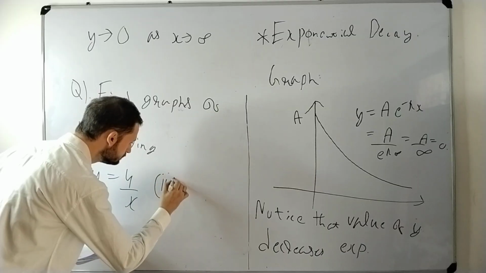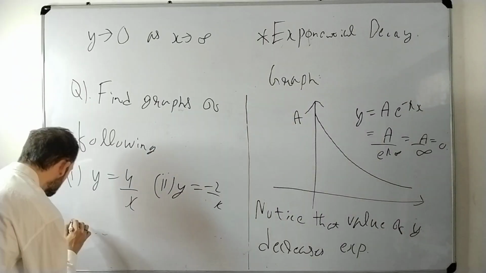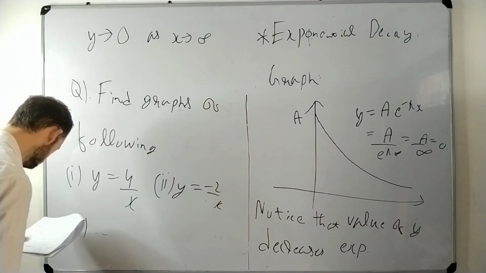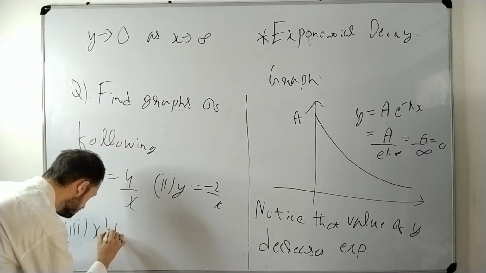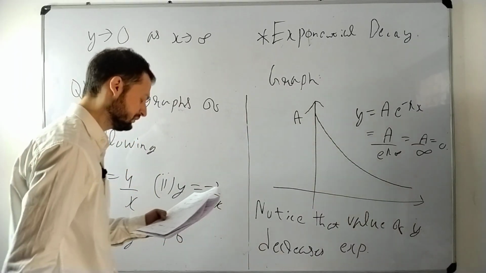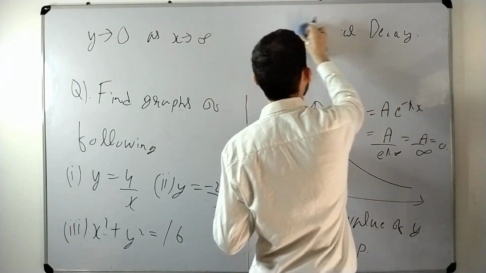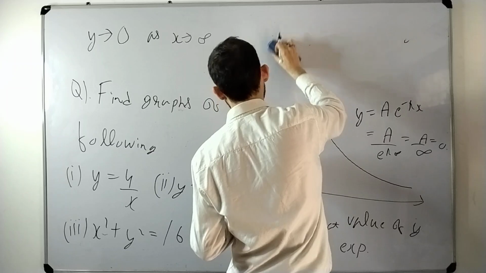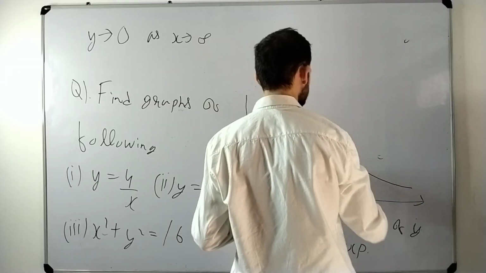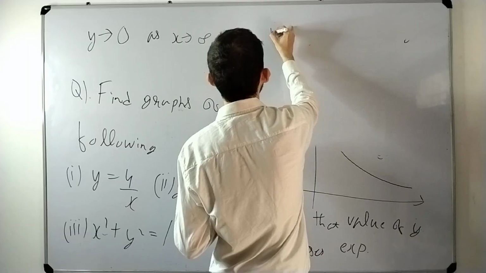Second is y equals minus 2 by x. Third happens to be x square plus y square equals 16, and the last is what, students? So ellipse. Very nice. Ellipse happens to be the fourth one.